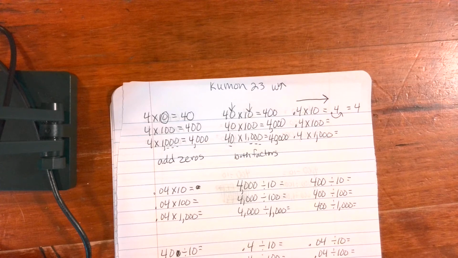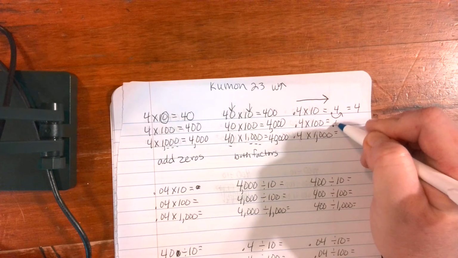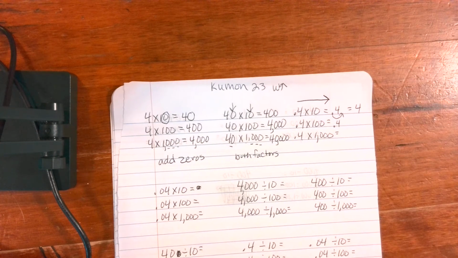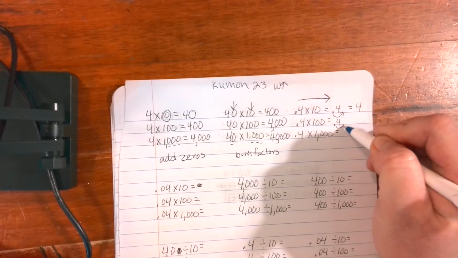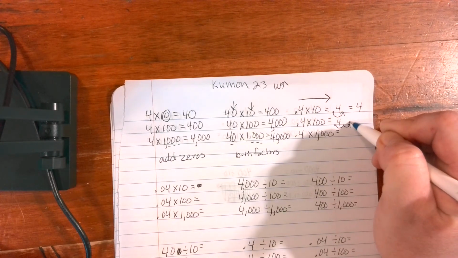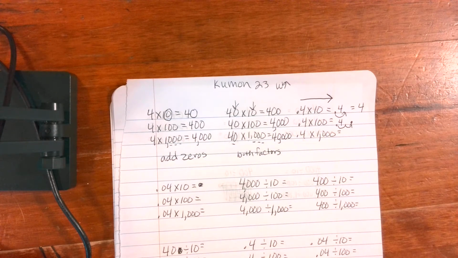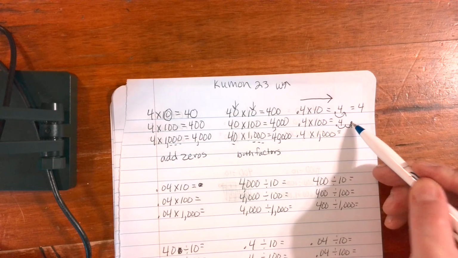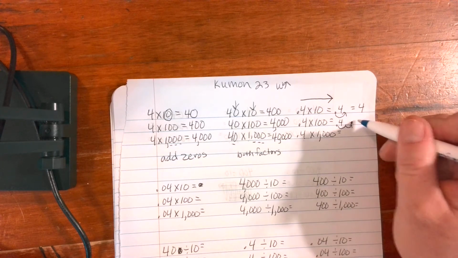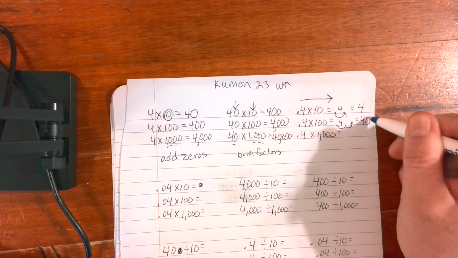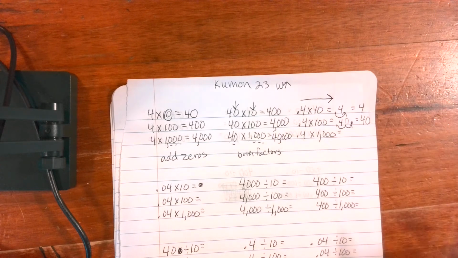Now if I'm multiplying by 100, how many places to the right is it going to move? 2. 1, 2. Okay, now if my decimal moved here, how would I write this number? 40, because I would need to add a 0 right there.